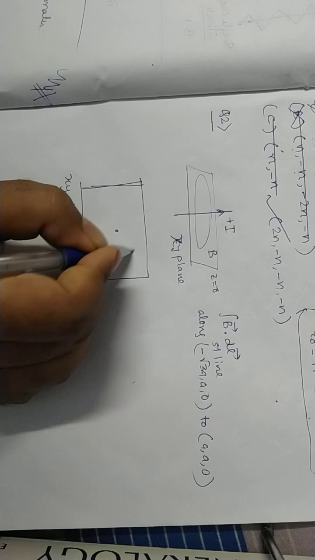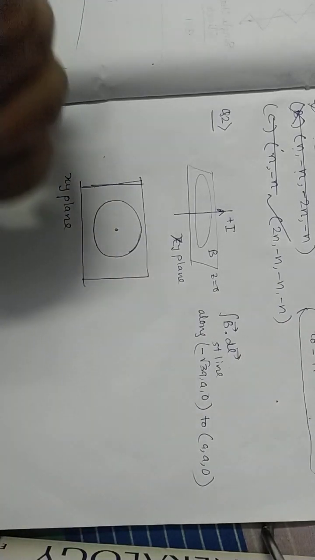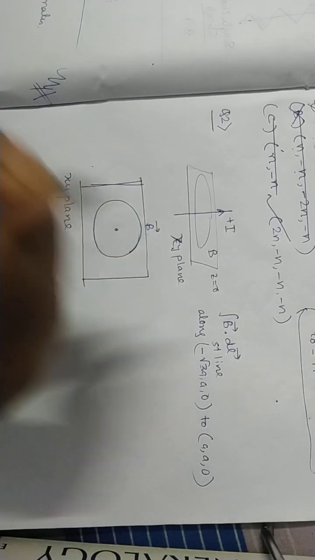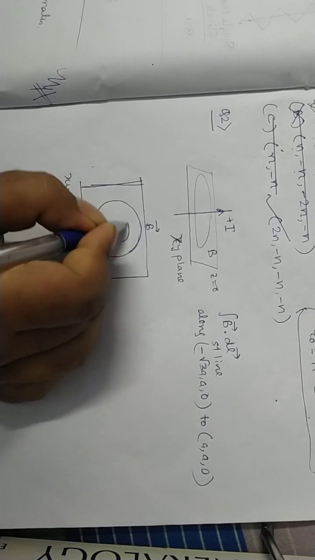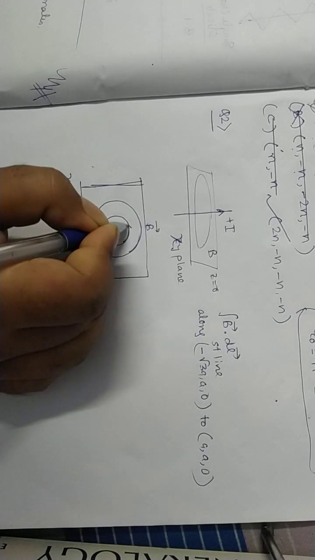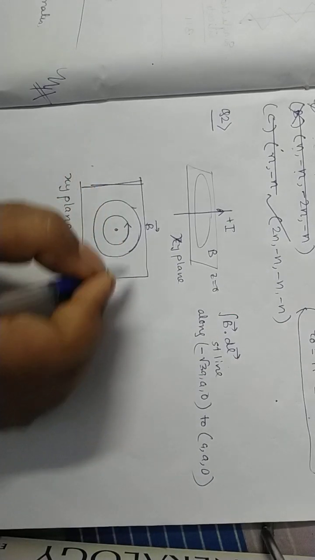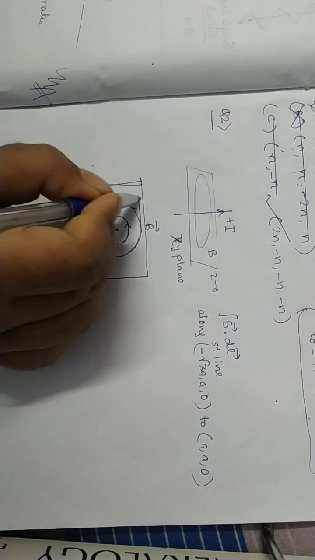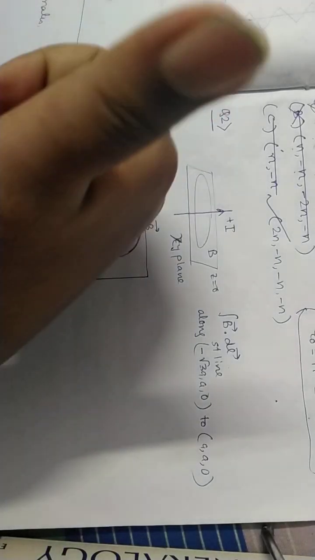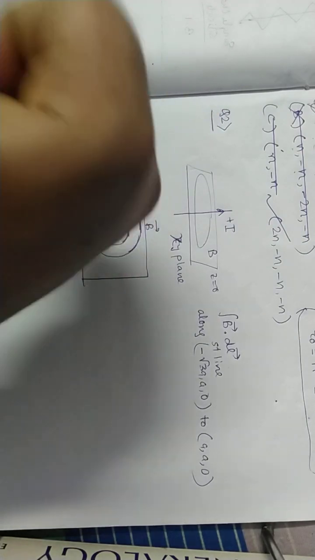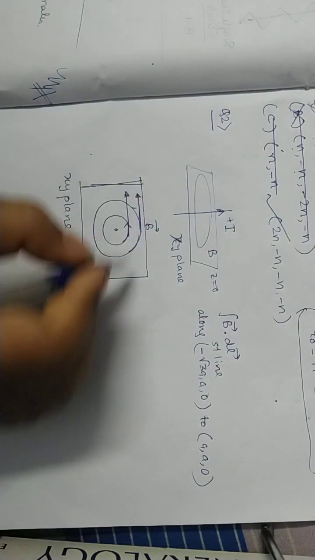Now we have this is the magnetic field vector. This vector is like this because in a concentric circle it has the same value, and the direction is like this. You can see this direction will give the upper direction, so the direction is like this.